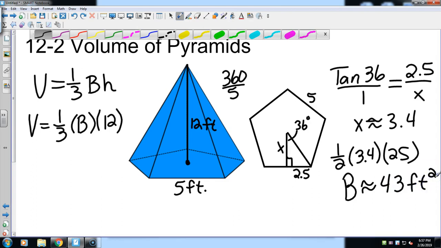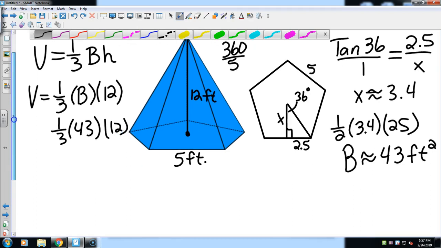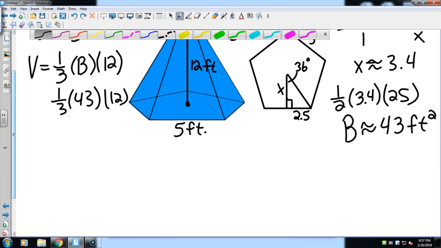And that's area. So I'm going to bring that over here, and I have 1/3 of 43 times 12. So I'm going to take that times 12 and then divide by 3. And I come up with a volume of 172 cubic feet.